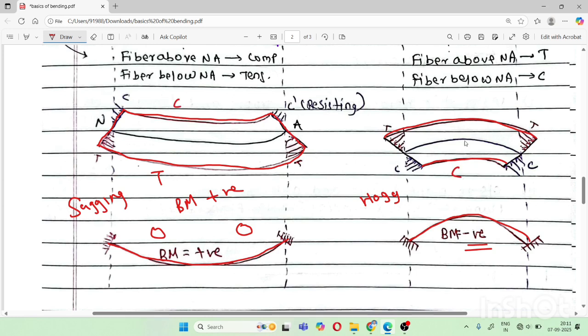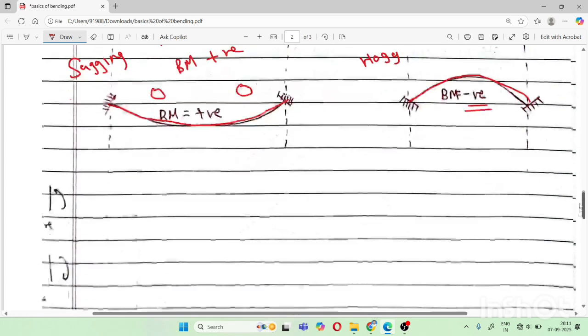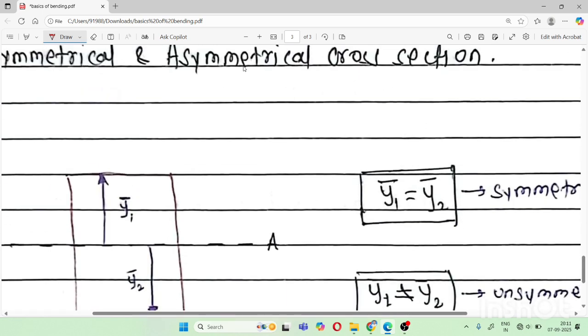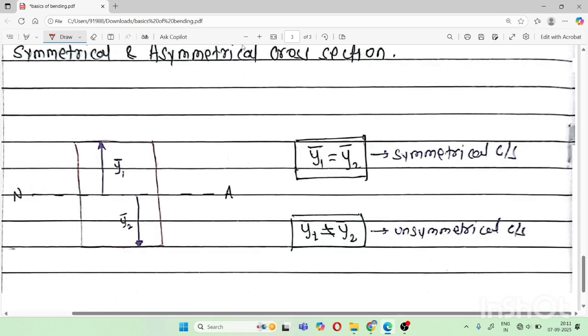Now we are going to discuss the next and the last concept, which is symmetric and asymmetric cross section. Here you can see I have drawn one rectangular cross section, and I have shown the neutral axis.